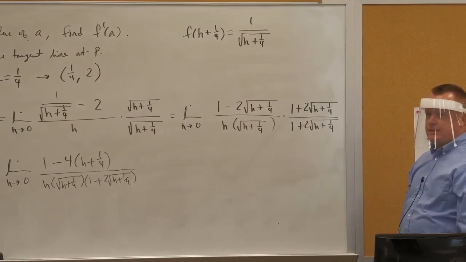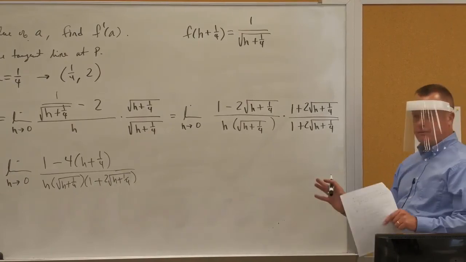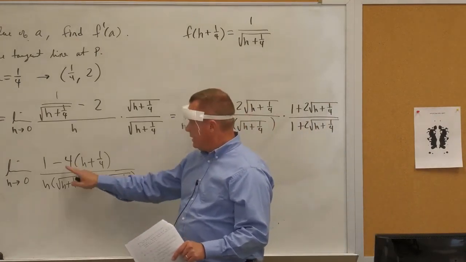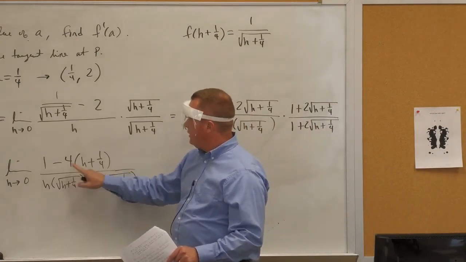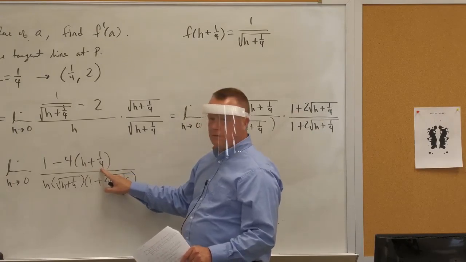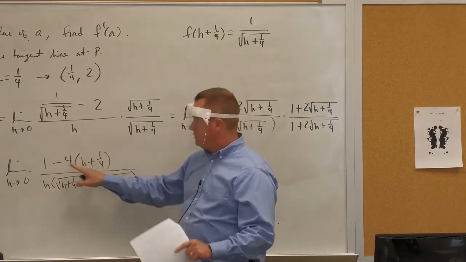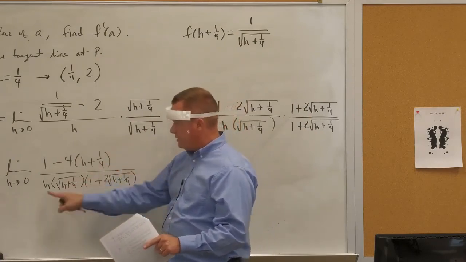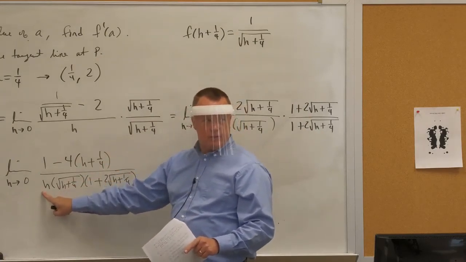Questions? Now it's going to work out, because what do I get on the top now? I have negative 4h. What is negative 4 times a fourth? Negative 1. 1 minus 1 is 0, so I just get negative 4h up there. And then that'll cancel with that h, and I'll be good.